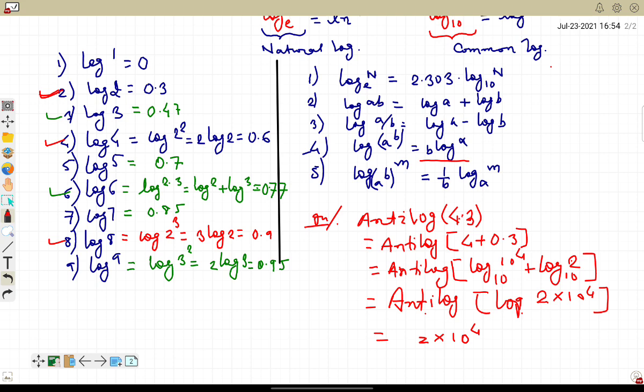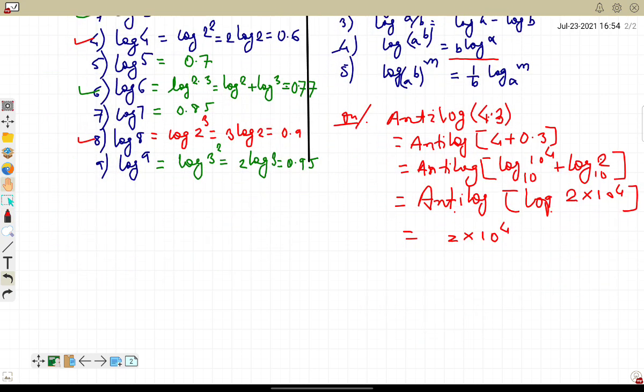Similarly, we can find the value of some more questions. So one by one we will try to find some values. Suppose the question is given: find the antilog of 37.29. So break this complete value in two parts.